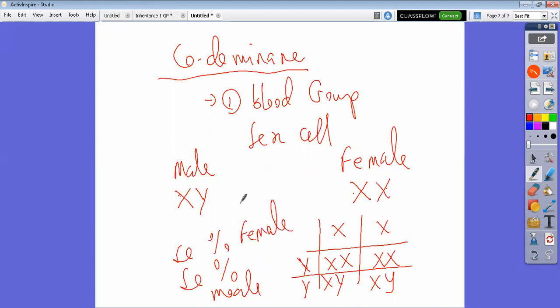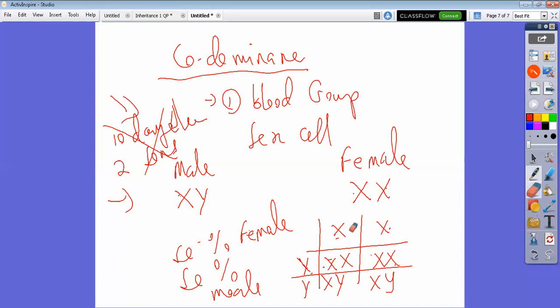Because I've seen question papers where they say a family has 10 daughters and 2 sons, and ask what's the probability of them having a daughter? It's not determined by how many daughters they have, it's determined by this. It doesn't matter if they have all daughters. The probability that they will have a next daughter is always 50% because it's determined by the genotypes. They are just trying to trick you there. Are we together?